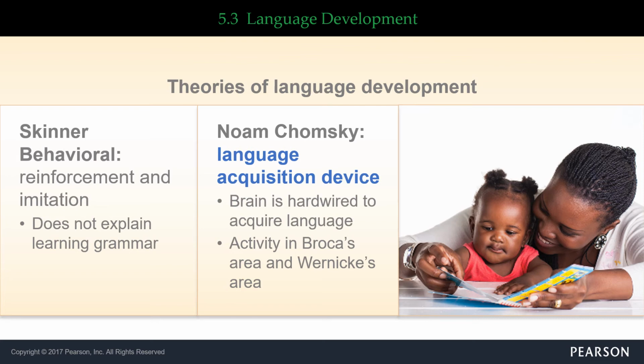But this aspect itself doesn't explain how infants learn grammar. Noam Chomsky, who is a linguist, has a theory he calls the language acquisition device, or LAD, and in this theory he says that the brain is hardwired to acquire language, and there are specific areas of the brain focused on this aspect of development as well.